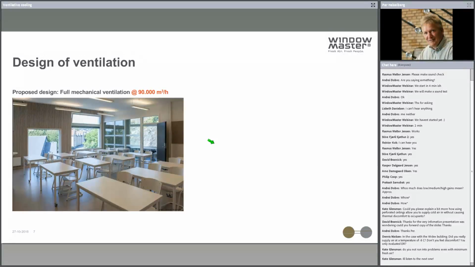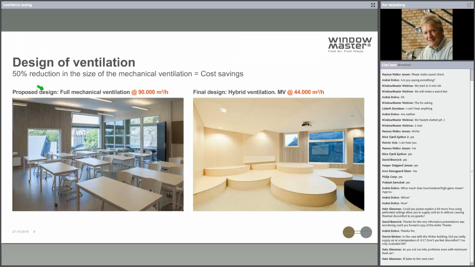When we look at the design of the ventilation system, firstly it was proposed to use a full mechanical ventilation system with a capacity of around 90,000 cubic meters per hour. But after going into more detail, they saw a possibility to use hybrid ventilation instead, with a lower capacity of the mechanical ventilation system, around 50% reduction.